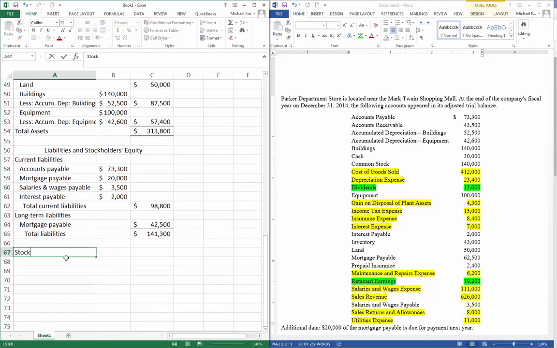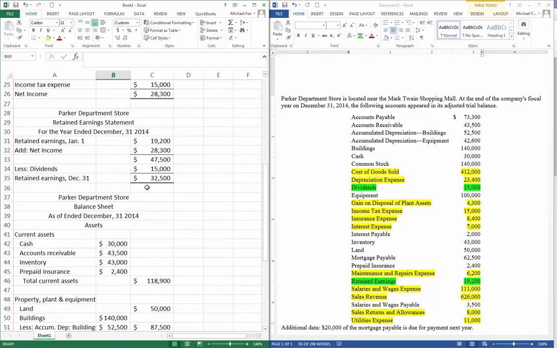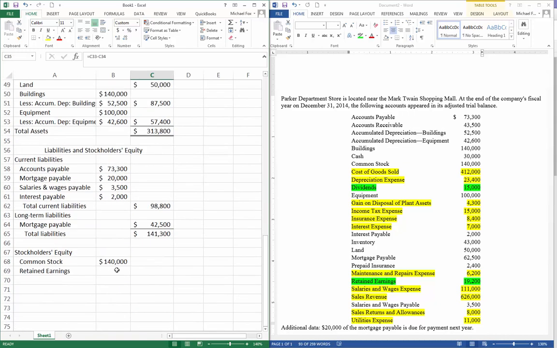Stockholders' equity section. We'll have our capital or our common stock, which had a value of 140,000. And our retained earnings. And this is one that we don't take off of here because that was our retained earnings, 19.2 at the beginning of the period. Instead, we take it from our statement of retained earnings. So it's 32.5.